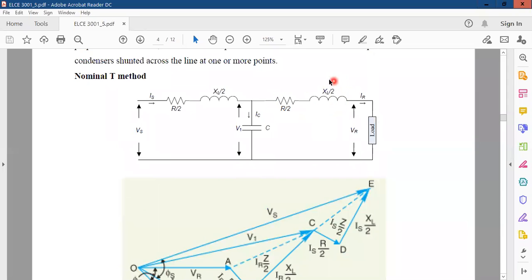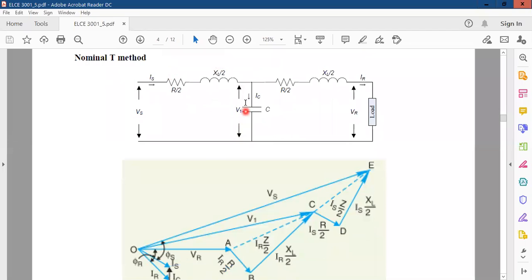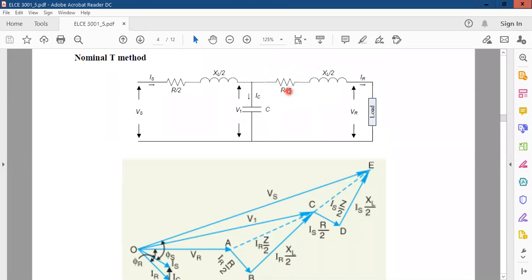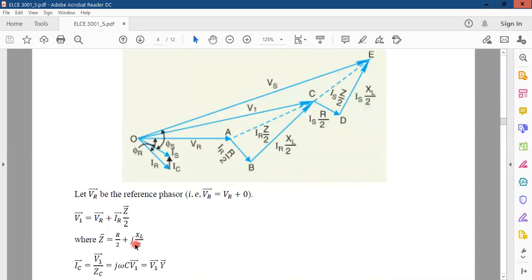The voltage here equals IR multiplied by Z over 2. R plus JXL is called Z, so you'll have Z over 2 here, half of the impedance on this side and half of the impedance on this side. So V1 will equal VR plus IR multiplied by Z over 2, where Z over 2 is R over 2 plus JXL over 2.